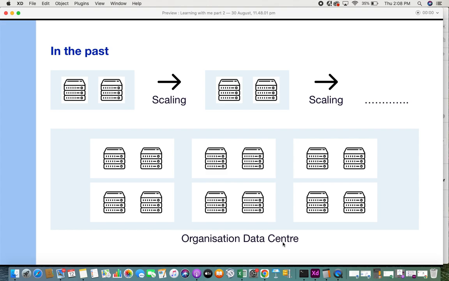And in order to scale up, they would have purchased more servers, had more server rooms and so on. This kept going on whenever there was a need and a demand. But at one point of time, having all this together, it literally became a huge data center.